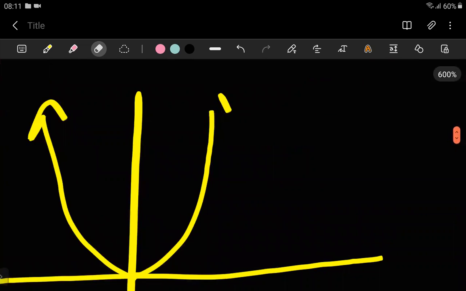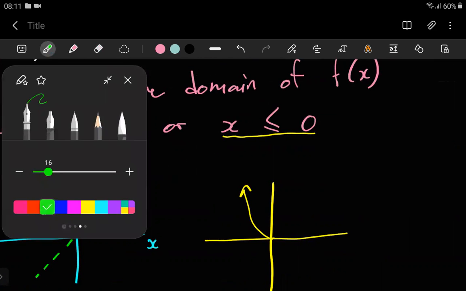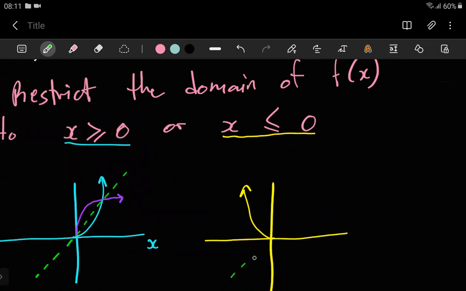Meaning this, you won't be seeing, and this is the only thing you'll see. And automatically, if you are only seeing that, your line of inverse is here. Meaning if you're going to draw the inverse of your graph here, you can already see this curve is going like that. So if this is your line of inverse, whatever you're seeing there, you should see it on the other side somewhere here.